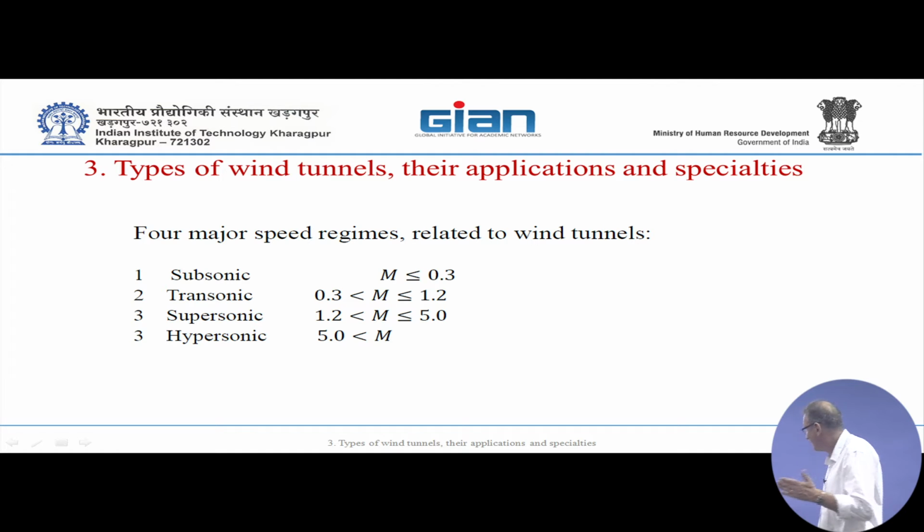So this is an arbitrary division of the range of wind tunnels. Subsonic is below compressibility, 0.3. Transonic, we say between 0.3 up to something beyond Mach 1. Everybody can adjust it to his own wind tunnel.